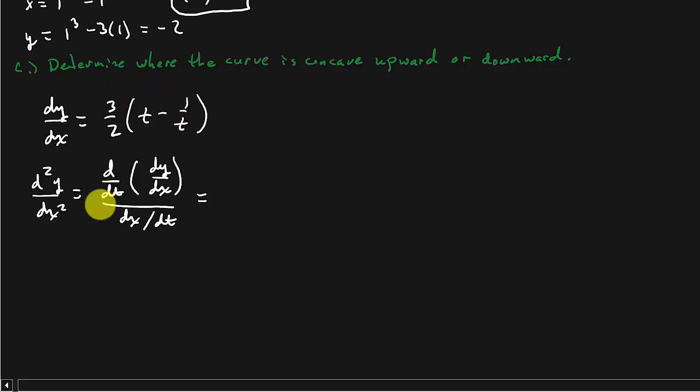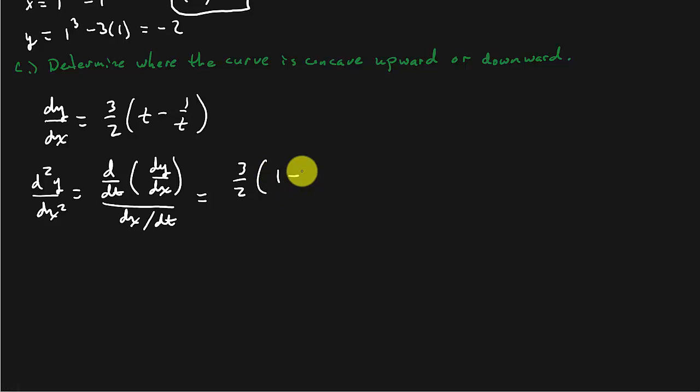So let's take the derivative of this with respect to t. That's going to be 3/2 times the derivative of t, which is 1, minus the derivative of 1 over t.